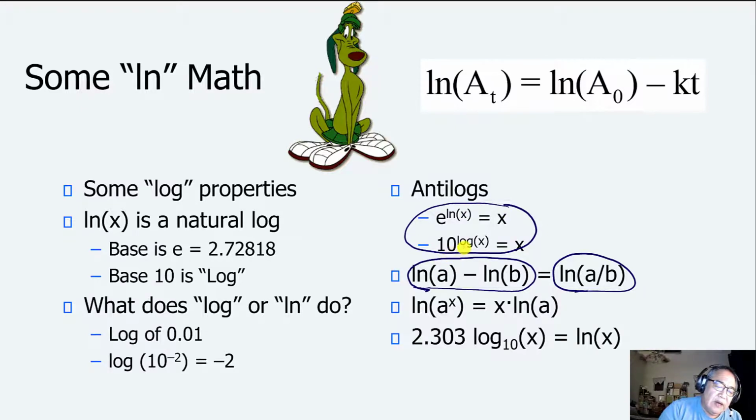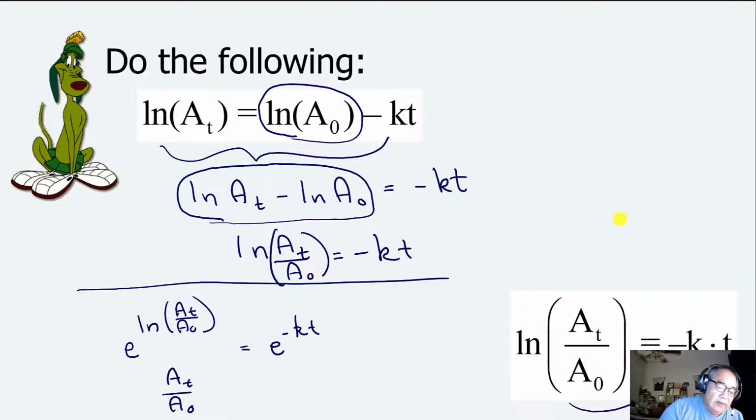If you have log of x and you raise 10 to the log of x, so this is the base 10 log, then you'll end up with x. So if you use the anti-function, it just undoes the function. So in this case, this is going to produce At over A0, and that's going to be equal to e to the minus kt.